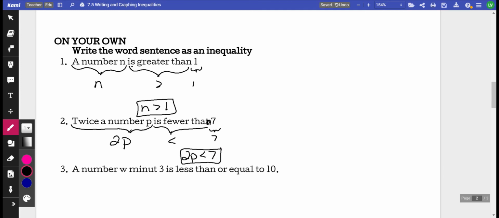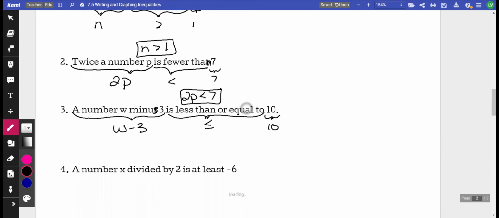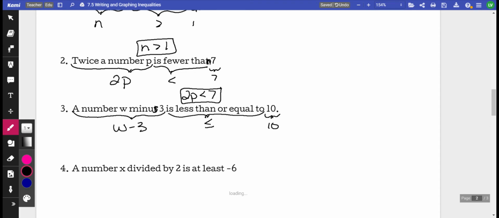Number 3, a number w minus 3, so w minus 3, is less than or equal to 10. So w minus 3 is less than or equal to 10.